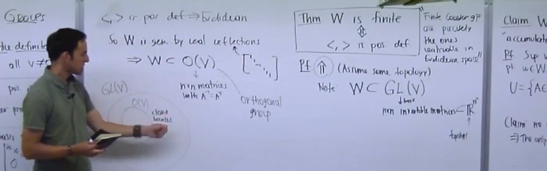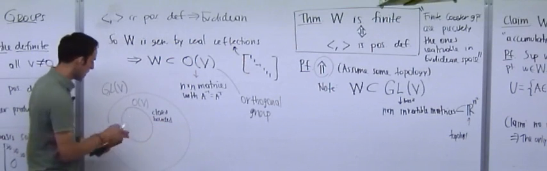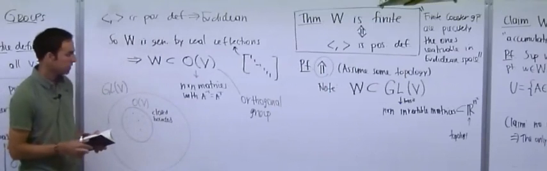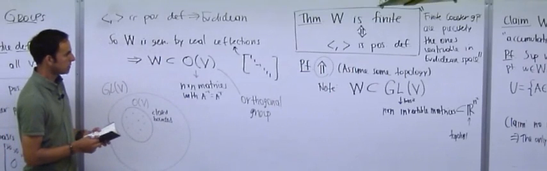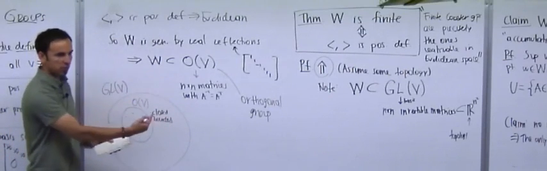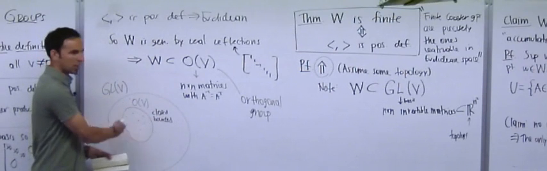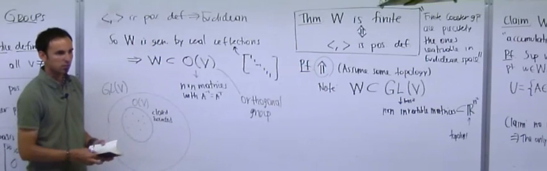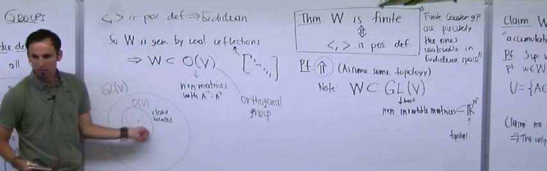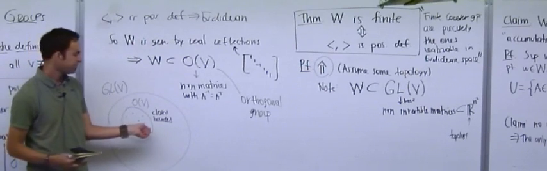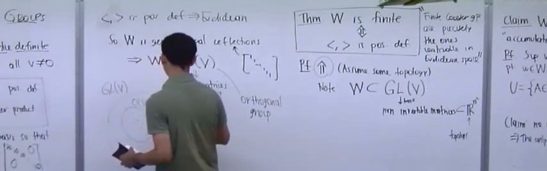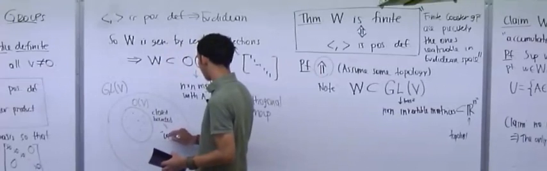So this is closed and bounded, and W lives inside here, right? Well, W has no accumulation points, and it's living inside a closed and bounded set, which is compact.